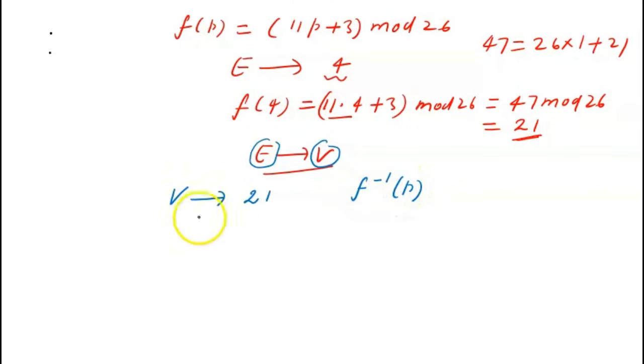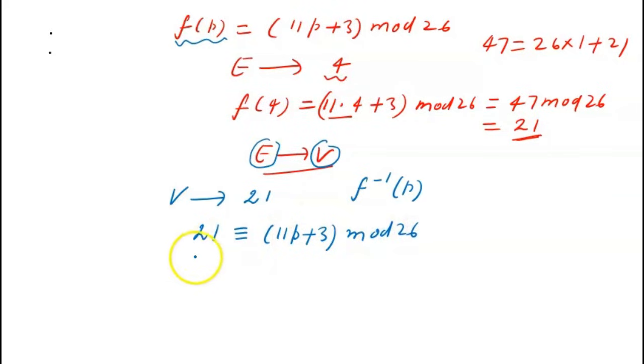So basically he will be doing it like this: 21, that is the value of f(p), is congruent to 11p plus 3 modulo 26.